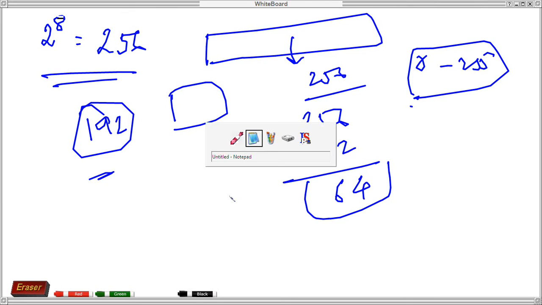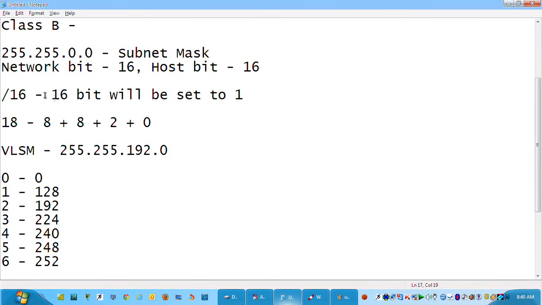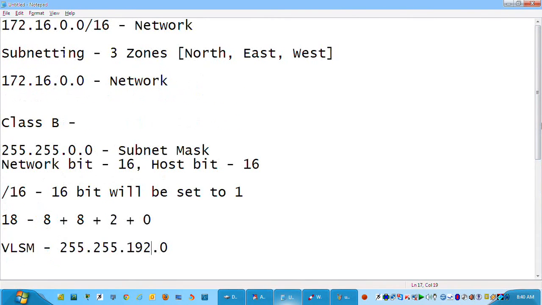Okay, so this is another way to calculate subnets, and it is very easy. Now I have to calculate the subnets. If it is /18, from /16 to /18, I have borrowed 2 bits, so I will be getting 4 networks. Subnetting means I have to get different subnetworks. I require 3 subnetworks, but I will be calculating 4 subnets.